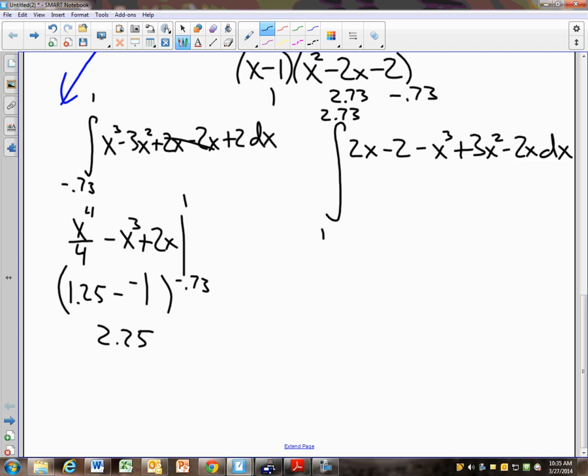So look at what you end up with. The 2x's cancel, right? And you end up with a negative x to the third plus 3x squared minus 2. How does that compare to your previous one? It's the same function, it's just negative.